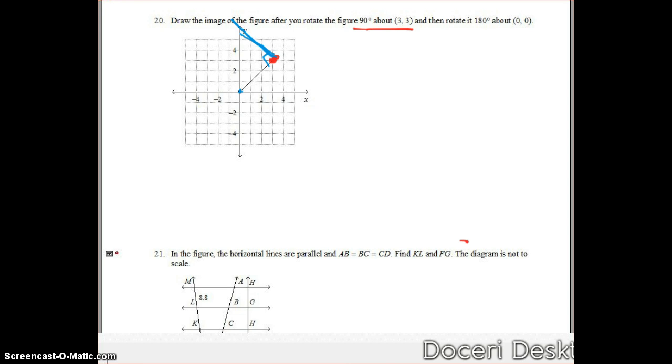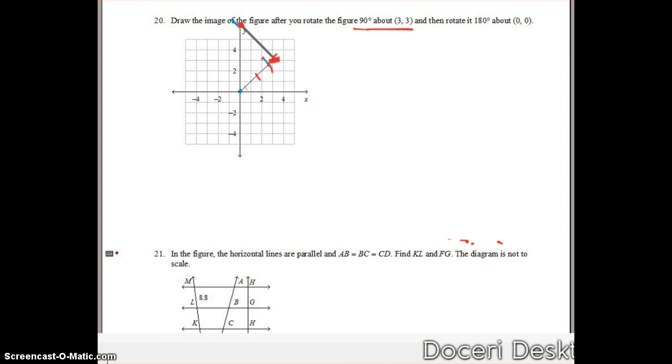So this is 1 diagonal, 2, 3 diagonals away, so I want to do the same thing here and go 1, 2, and then 3. So we should have a point right here. And so when I rotate that 90, that would be my segment.